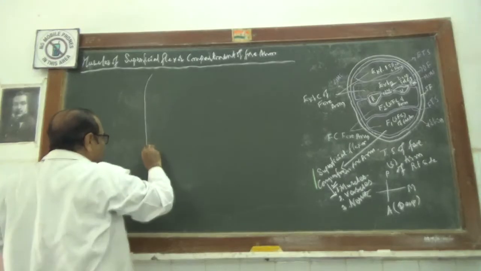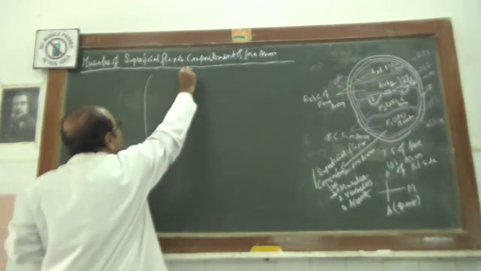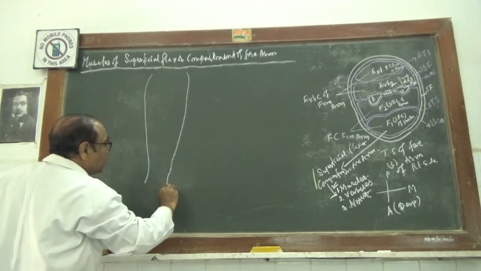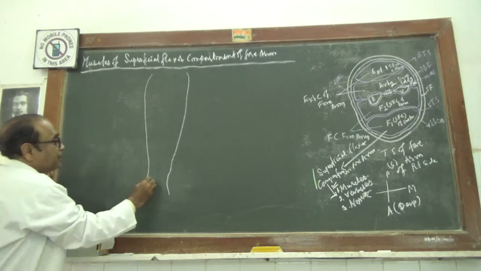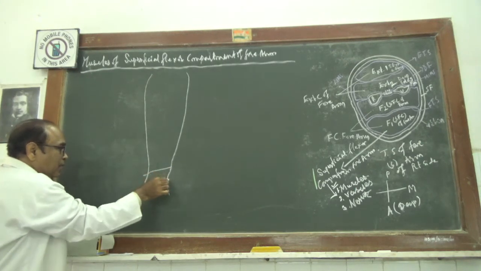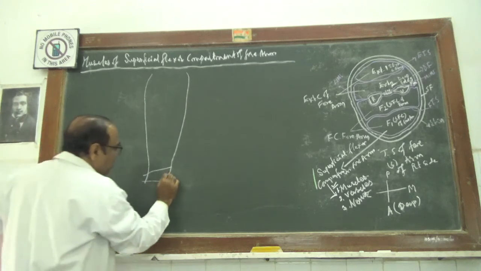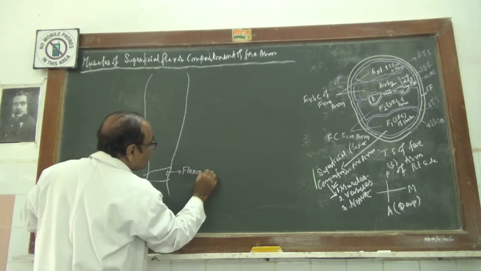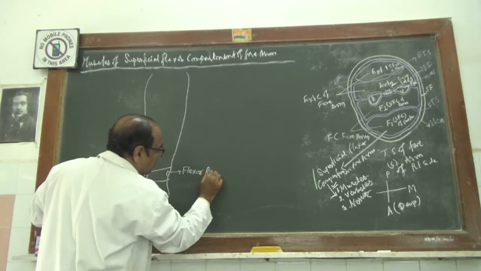So this is how the forearm will be there. Now this forearm will be ending at the level of the wrist, which has the flexor retinaculum.